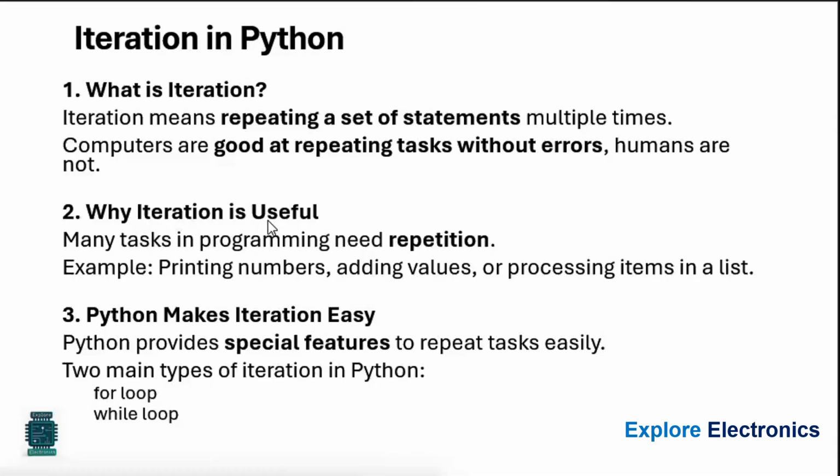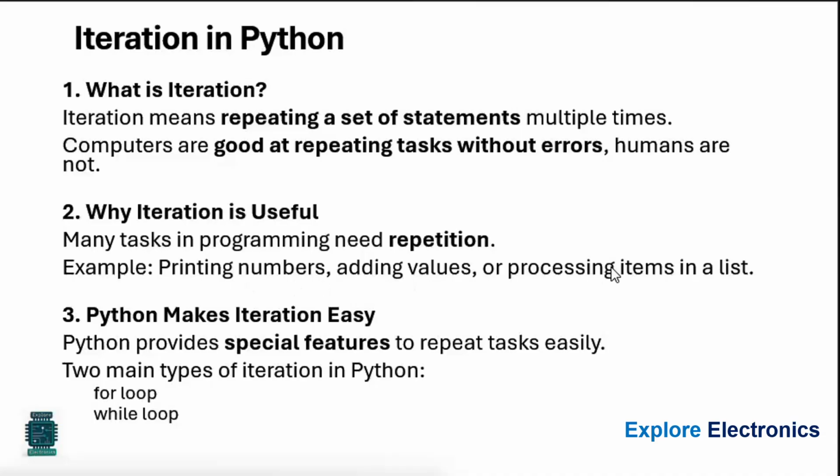Why is iteration useful? Let us see. Many tasks in programming need repetition. If you take any program, it will need some repetition. That's why we use iteration. For example, printing numbers, adding values, processing items in a list.